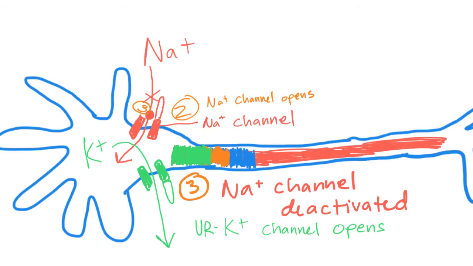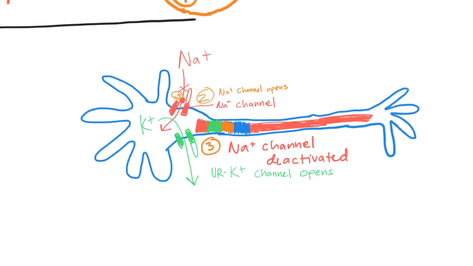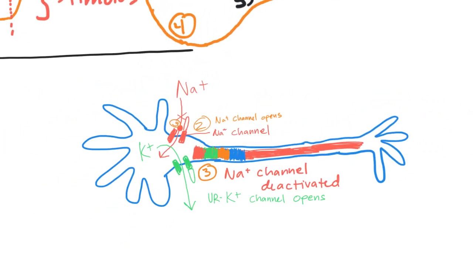It's just going to go in a sequence of events down the axon, and then the resting potential will be restored behind it. What that allows it to do is go in the same direction.